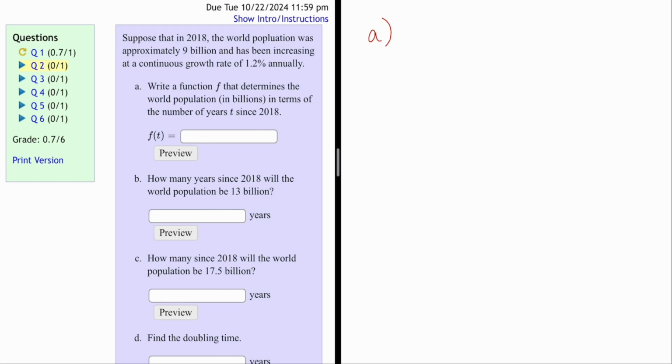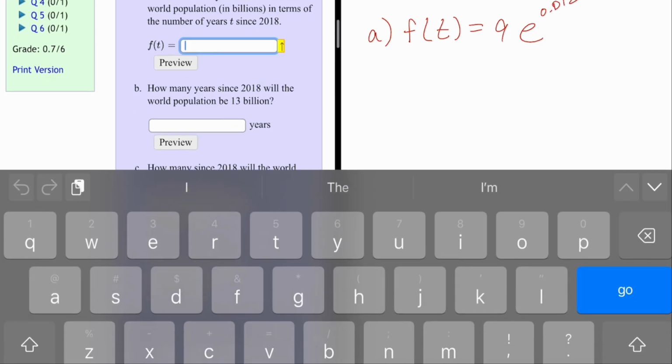So in 2018, it was 9 billion. It was growing by 1.2%. So our formula is going to be 9 times continuous growth. So it's going to be e to the rate 0.012 t. Okay, so that's what we're going to enter here.